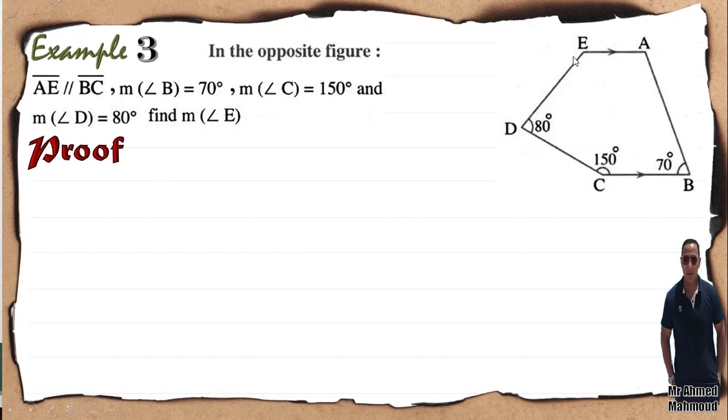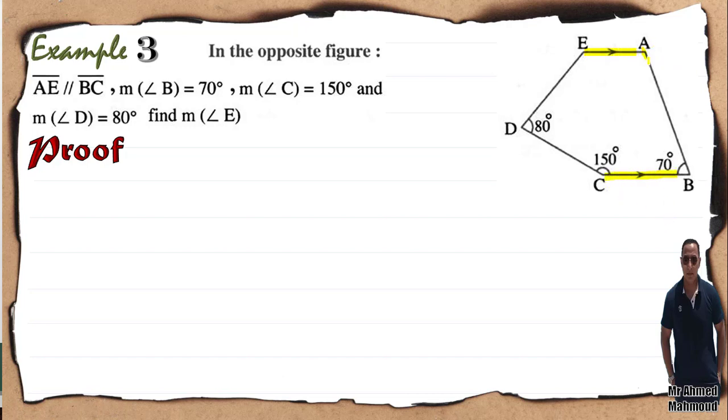Before finding the measure of angle E, I need to find the measure of angle A. By looking carefully, we have two parallel lines, this line and this line.